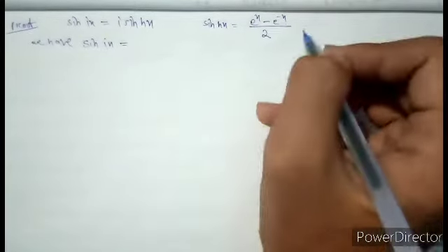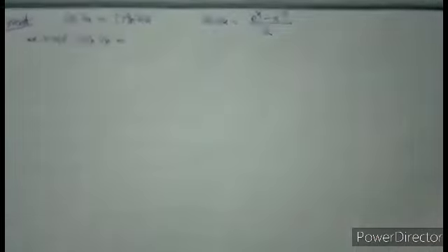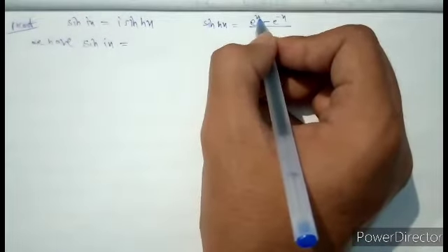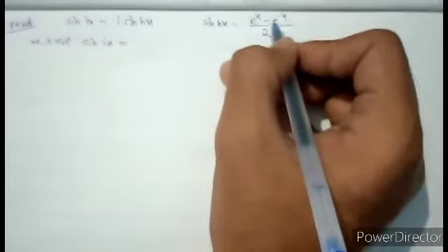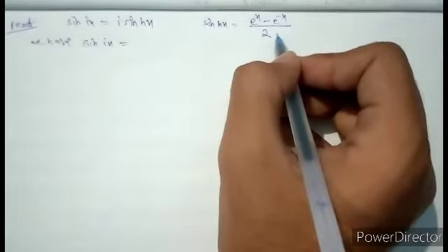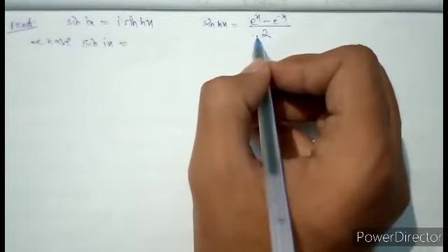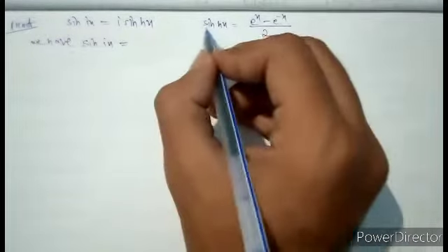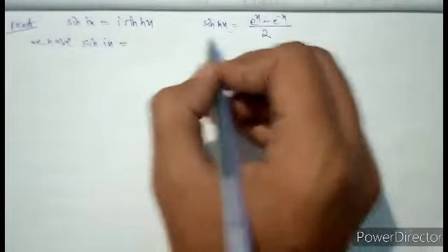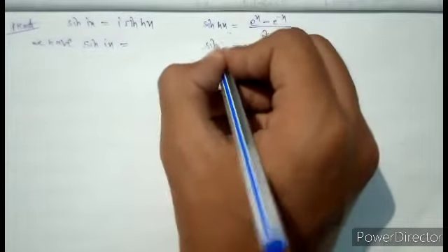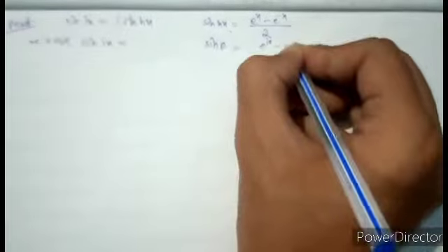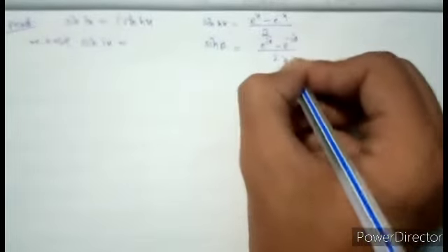We know the formula for sin theta also: sin theta is equal to (e to the power i theta minus e to the power minus i theta) upon 2i.